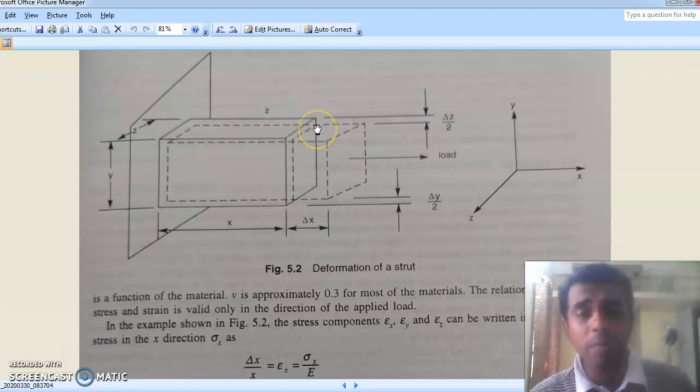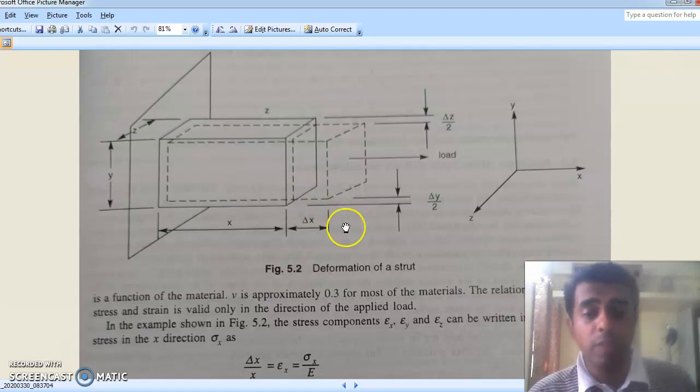One important point that we have to see is that when we apply a force in one direction, in the other two perpendicular directions there are lateral compressions, or lateral reductions. That is, in the lateral directions compression takes place while we apply the force in the other direction.